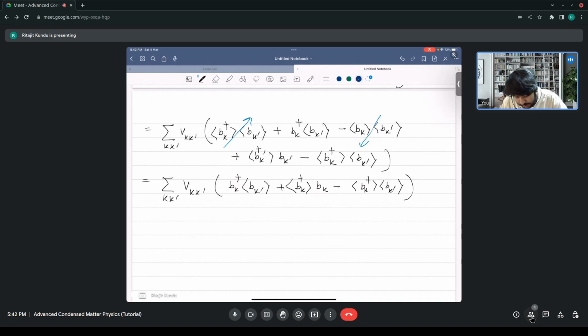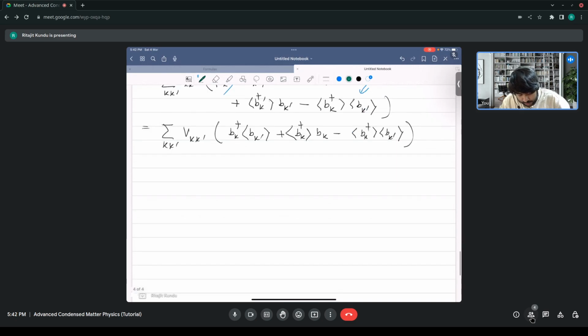So normally, if you have some operator like a times b, and you are trying to do a mean field, you will always get an expression like this. So like a expectation b plus a times b expectation minus the average a comma b.